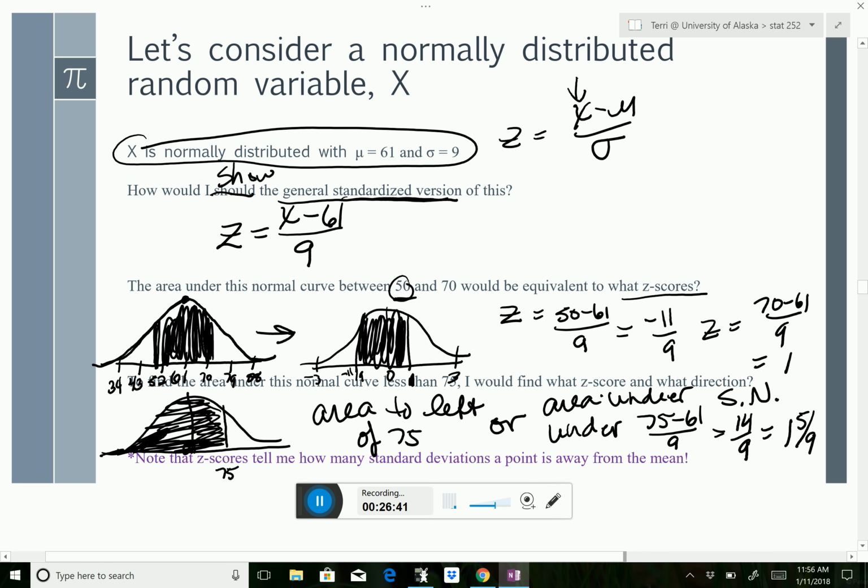So I can convert these, and I can find these very, very easily. And again, the z-scores tell me how many standard deviations a point is away from the mean.